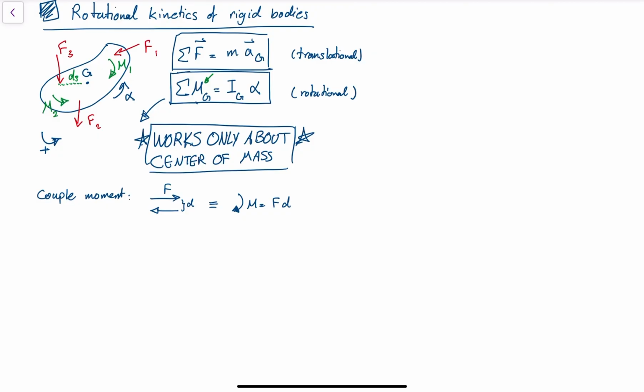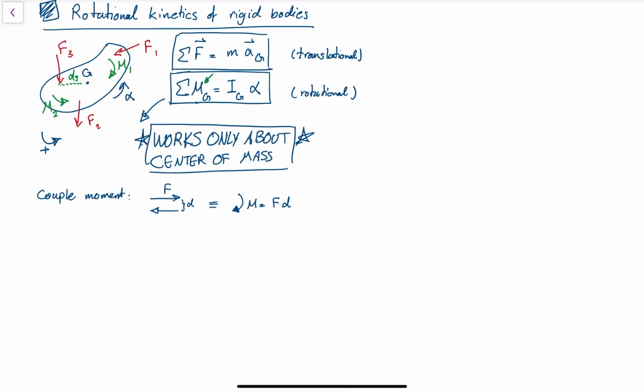But the nice property of these couple moments is that they are free vectors, essentially. Calculating the moment of these two parallel, opposite forces a distance apart about any point will have the same effect, the same moment. So really it doesn't matter where you calculate the moment of that and where you place these free moments.